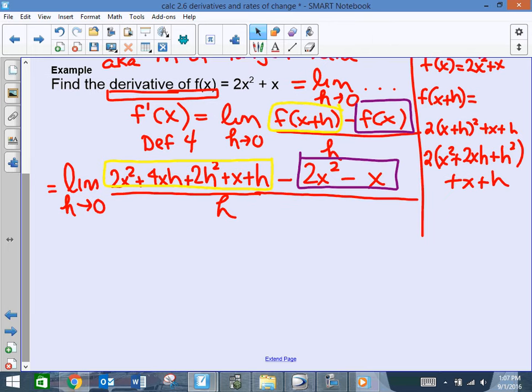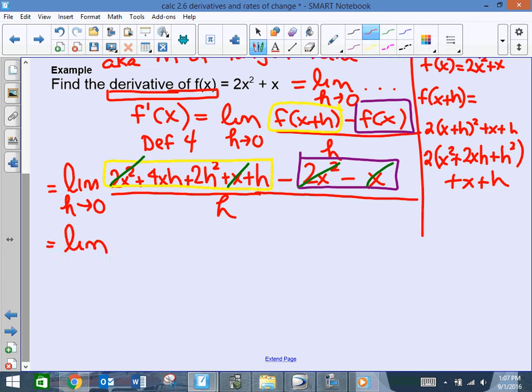You can't get lost in all the yuck. Okay, now let's start simplifying. We're trying to get rid of our h. That's our bottom line because then we can plug in 0 for h. Okay, so what can I cancel out? Okay, what else? All right. 4xh plus 2h squared plus h is left.